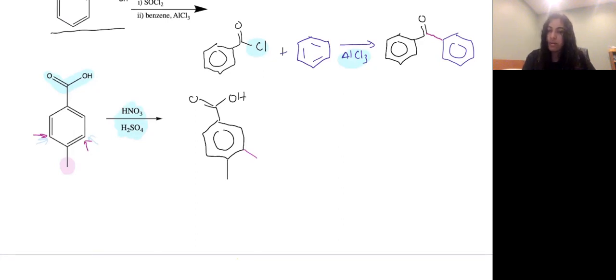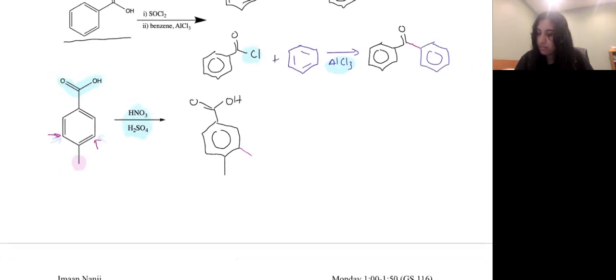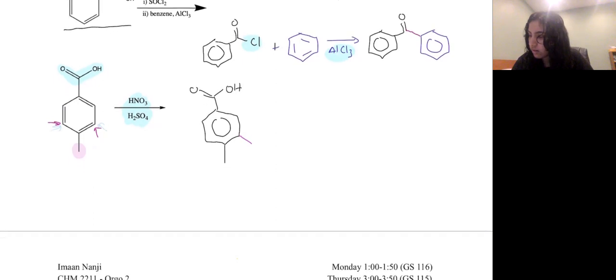Yes, still ortho para, but major ortho. And if you have substituents with competing directing effects, you choose to prioritize the most reactive one. So I'm going to see if there are examples like that.